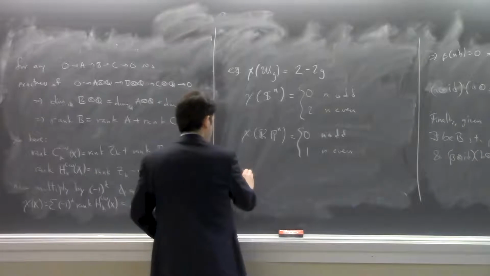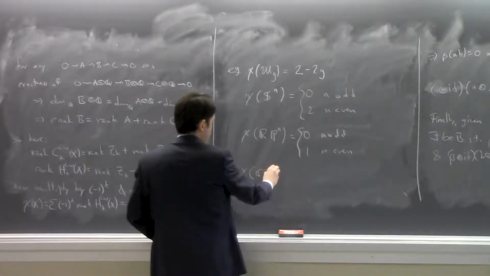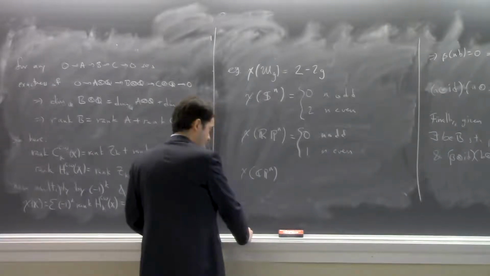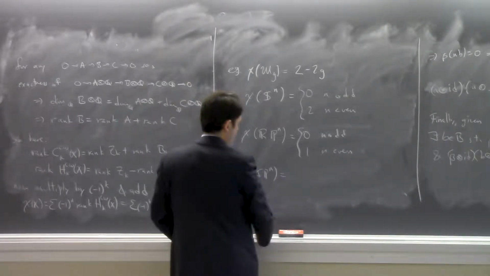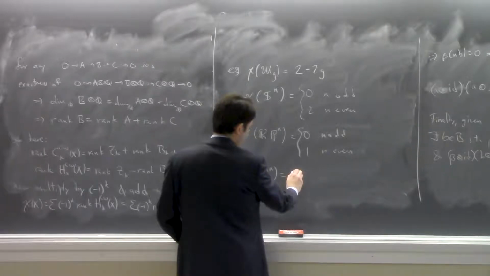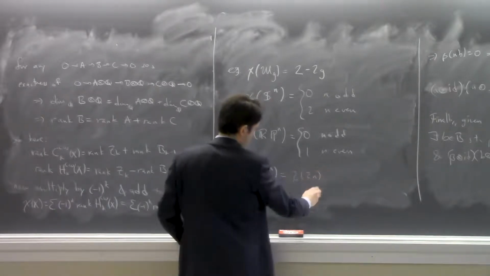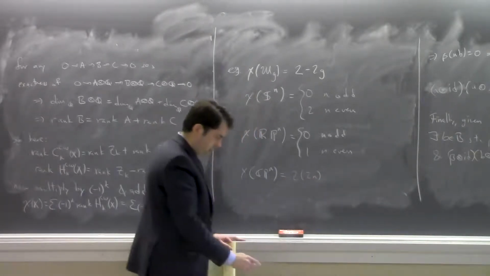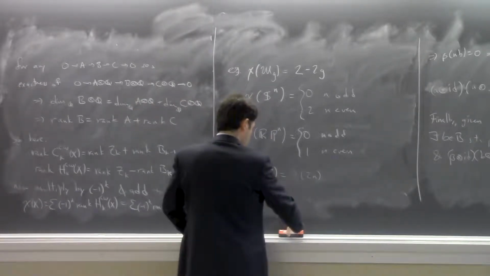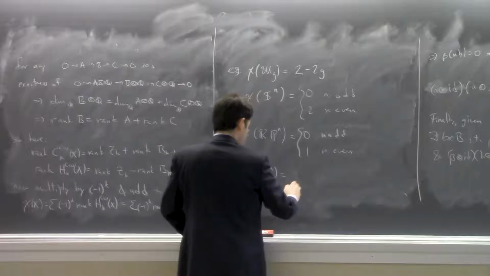And CPn is equal to, what, 2 times 2n? So it's, no, 1 times 2n, 2n.